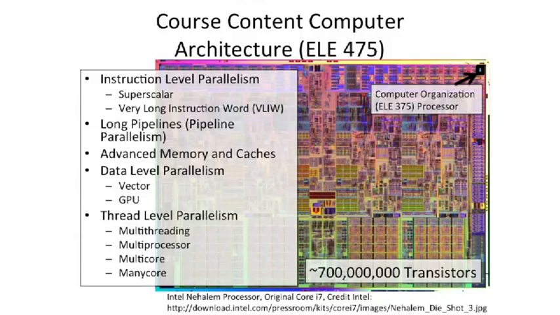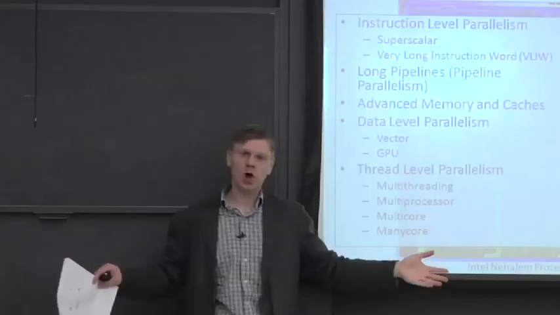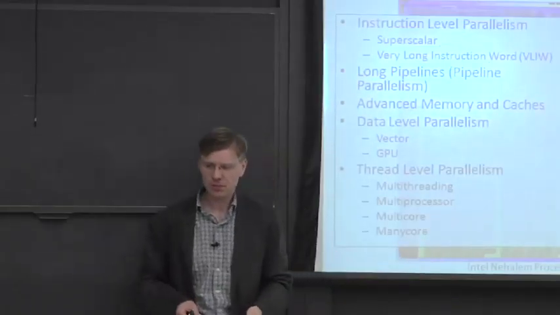We're going to look at superscalar processors, which can execute multiple instructions at the same time, and it's done implicitly from sequential code. We're also going to study very long instruction word processors, or what's called VLIW processors.